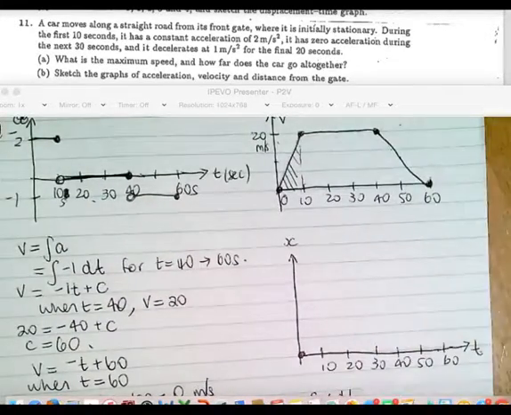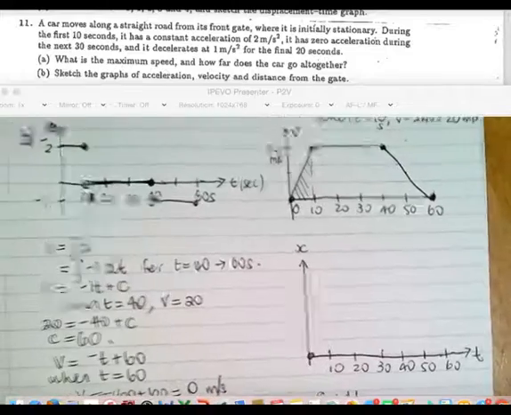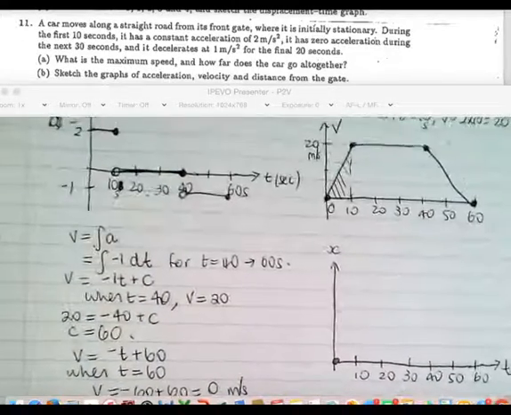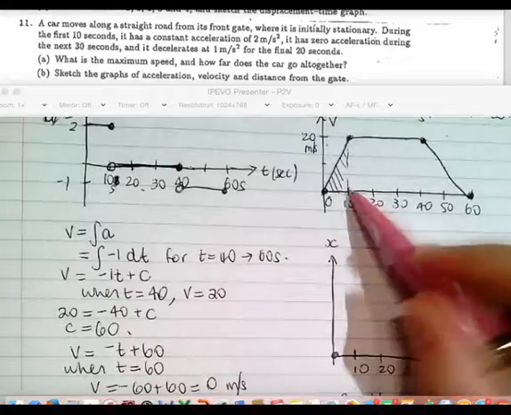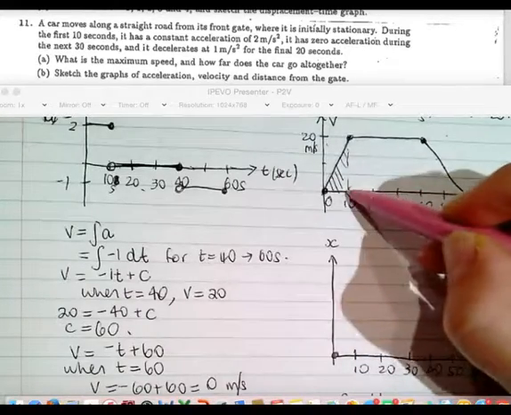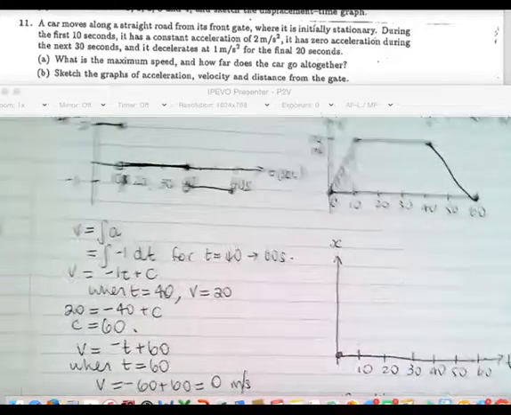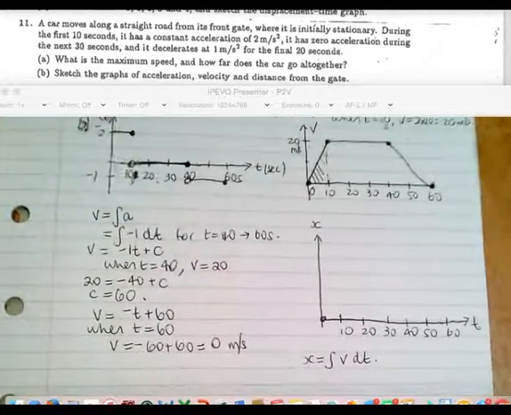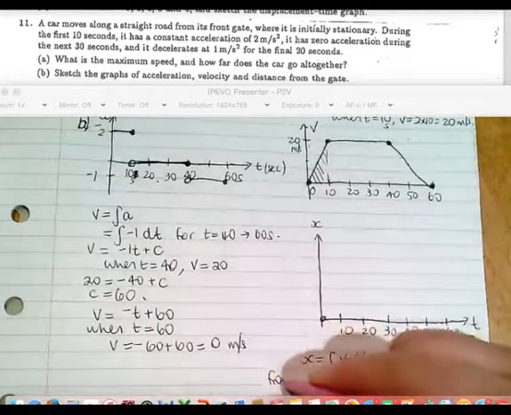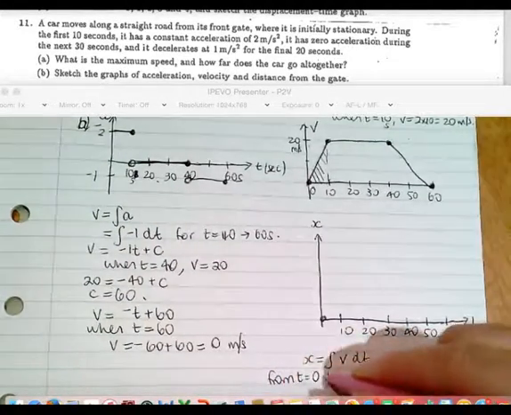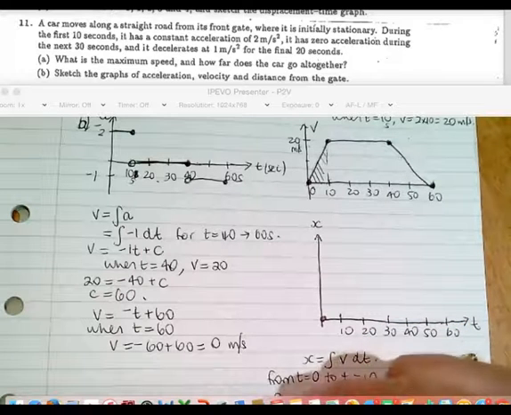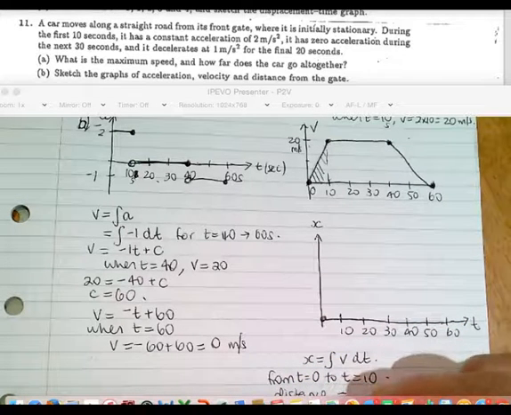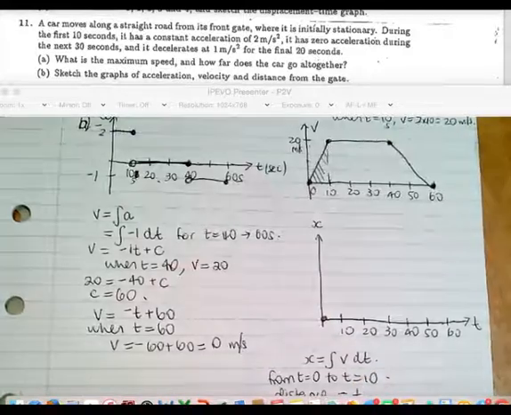So therefore, the distance travelled from time equals 0 to 10 seconds will just be the area under this curve. So I'll just pull it out a bit. From t equals 0 to t equals 10, the distance travelled is a half times the base times the height.